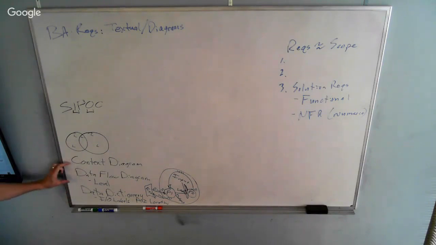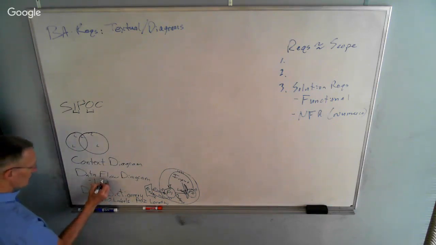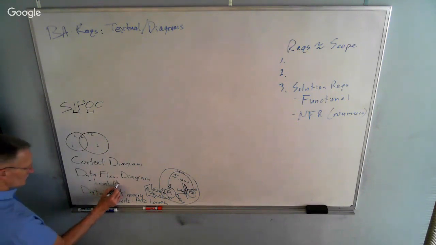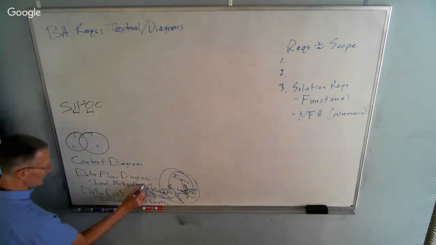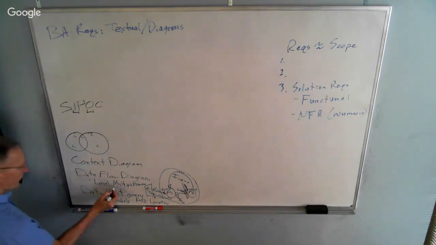And so there's levels. The context diagram just shows the system as one circle, and then all of the rectangles around it are the external entities. The data flow diagram has multiple processes, from a software design or system design perspective, depending on how high level you are.